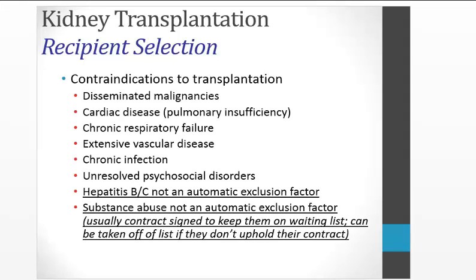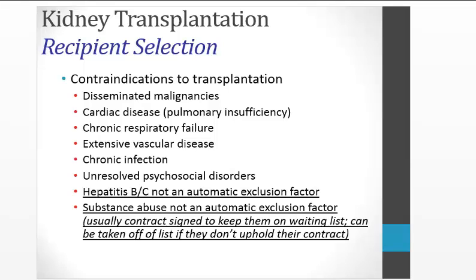Some of the things that are taken into account are contraindications to transplantation, and listed on the board here are some contraindications to even being a recipient of kidney transplantation.